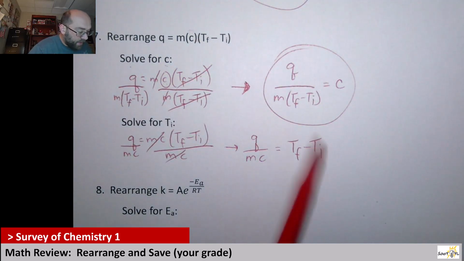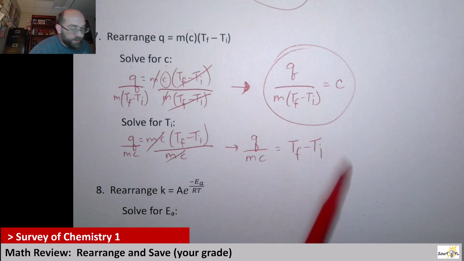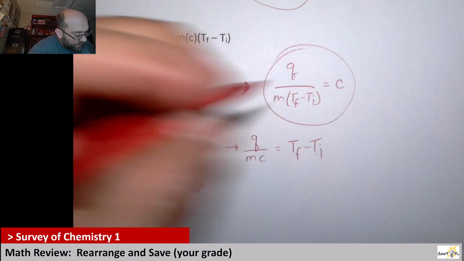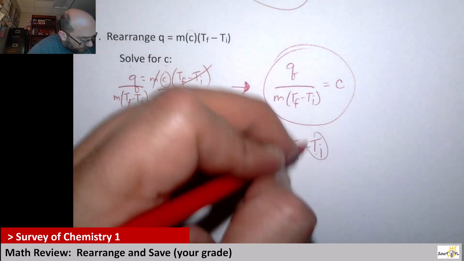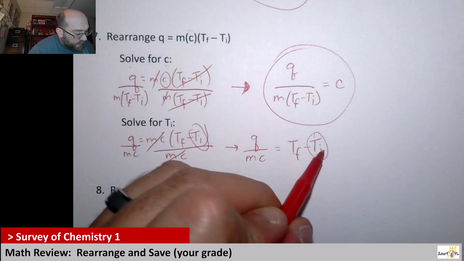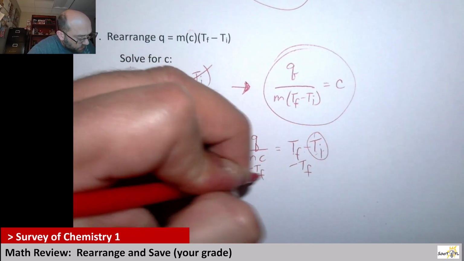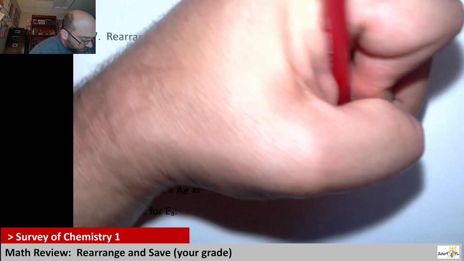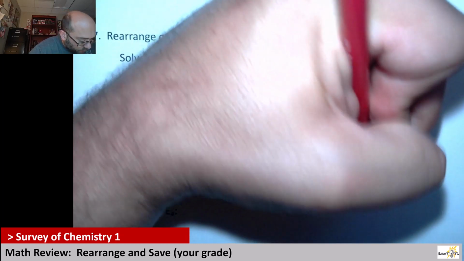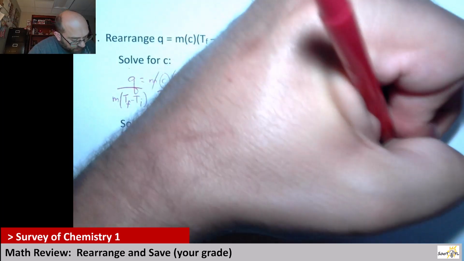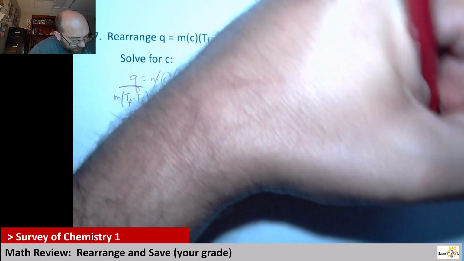Now I've got them by themselves, and so I can ignore the parentheses because they're by themselves over here. From here, it's very simple. All I've got to do to get TI by itself is, with TF minus TI, subtract TF from both sides. What would that look like? That would give me Q over MC, I'm going to put that in parentheses, minus TF is going to be equal to negative TI.